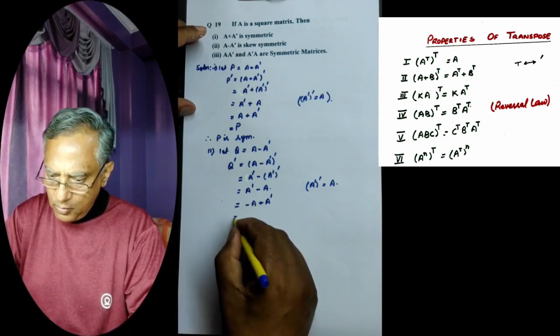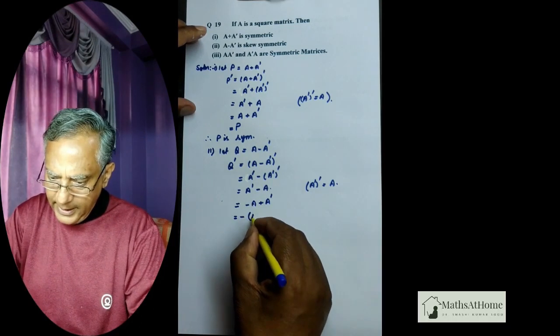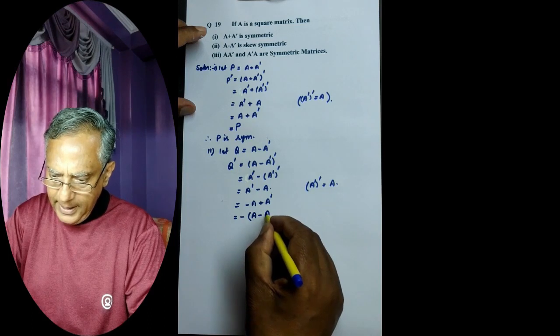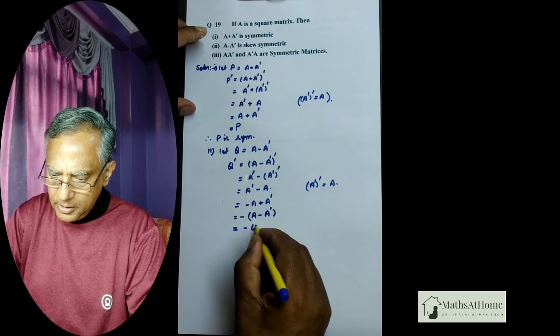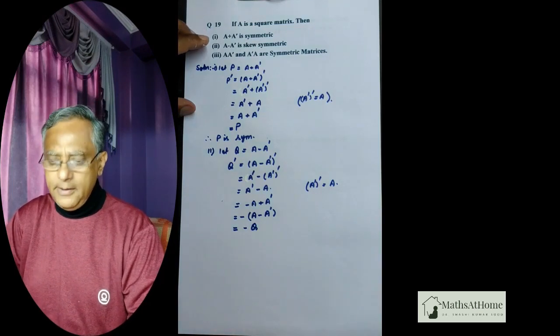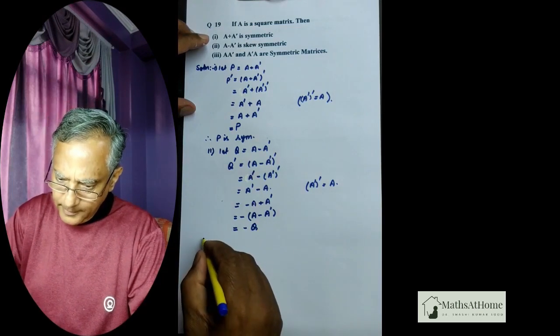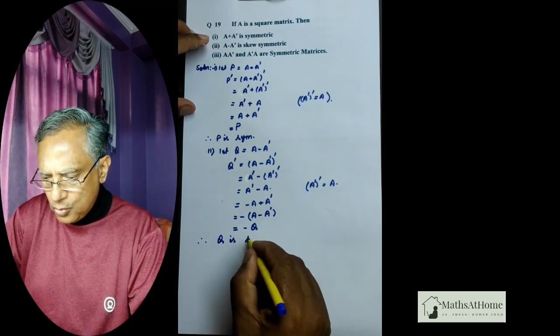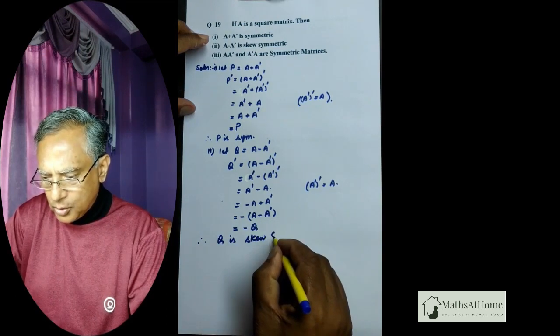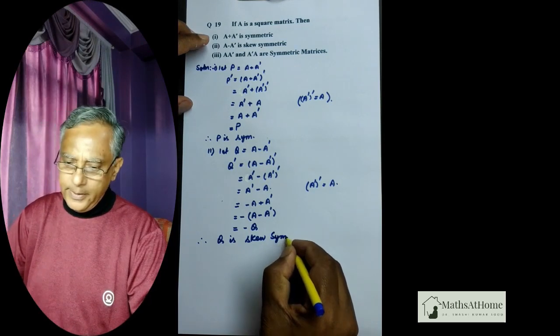So this is equal to minus, common, we get A minus A dash. So this is equal to minus Q. Therefore, Q is skew symmetric.